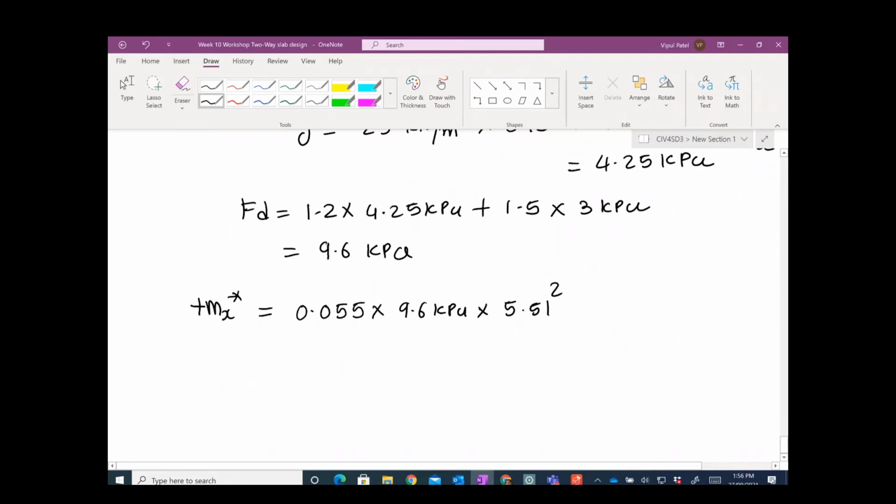So if I put that in my calculator, 0.055 times 9.6 times 5.15 square, you get 14 kilonewton meters. Now we can stop here. Positive bending moment. I don't want to rush it to the last.